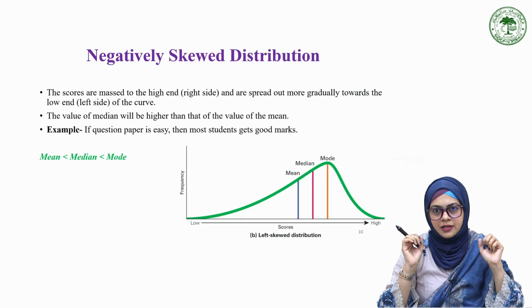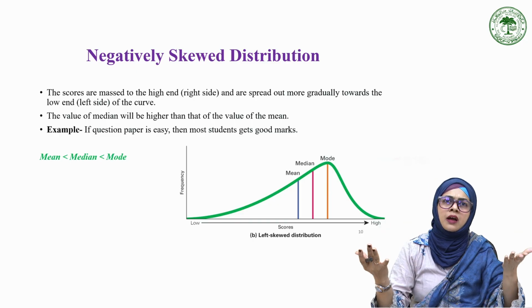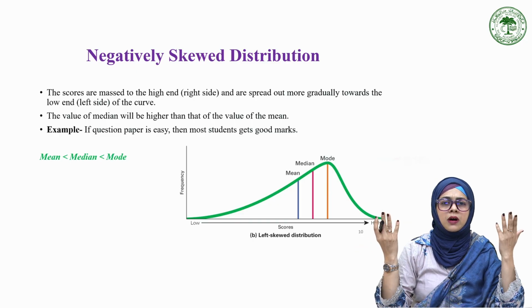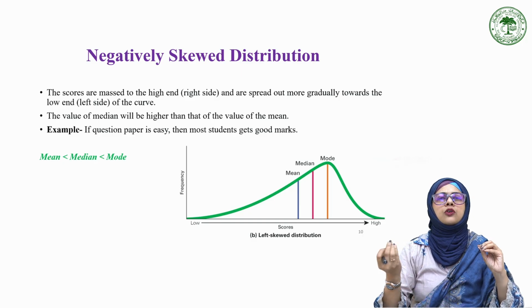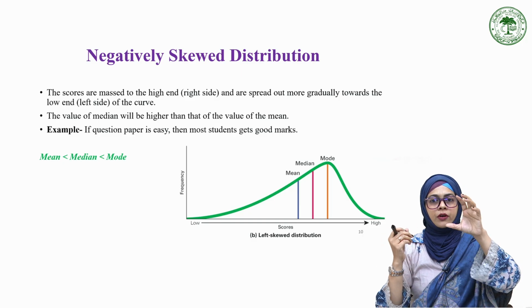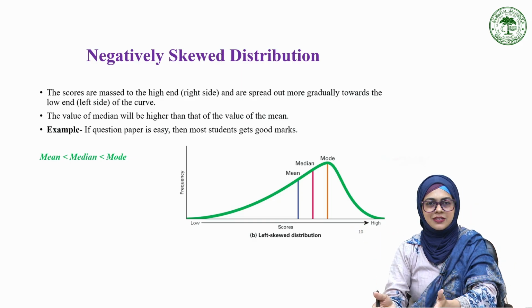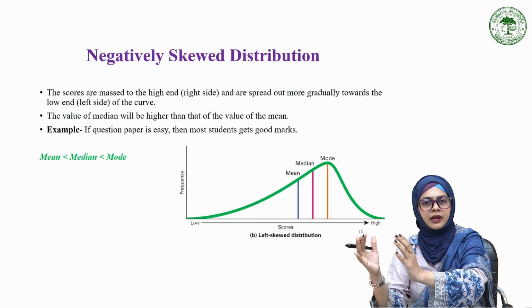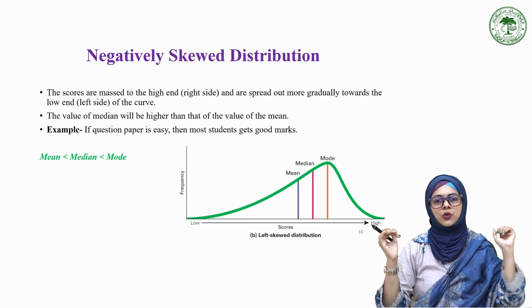In an education setting, suppose a teacher gives a very easy test. Most students have scored very high, 80 to 100 marks, but very few students have scored between 20 to 40 marks. So here the majority of the data points lie on the right side, and this is what we see in the graph. It is lying on the right side and the tail is extended towards the left side, making it negatively skewed.